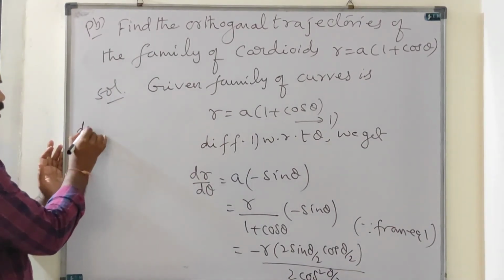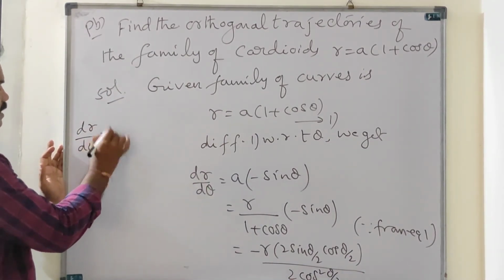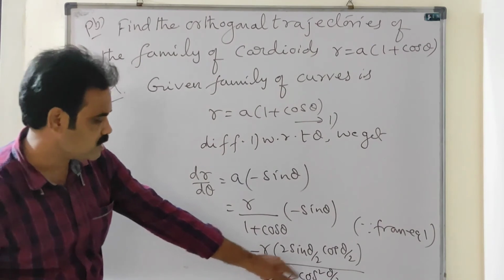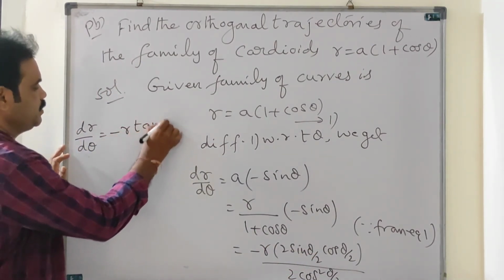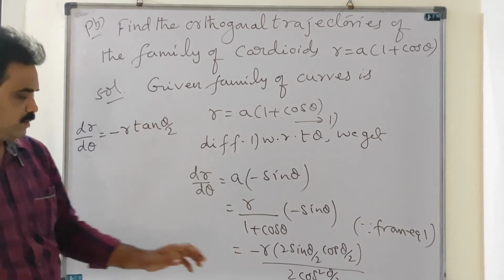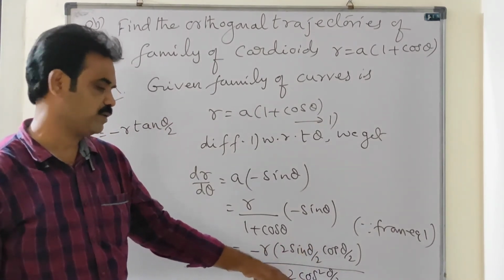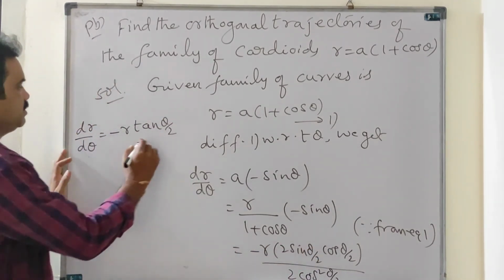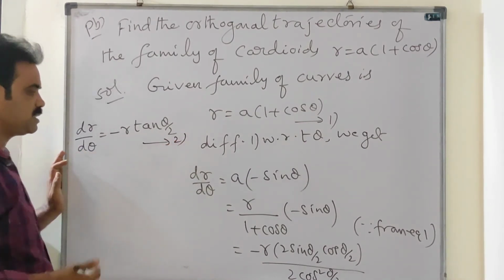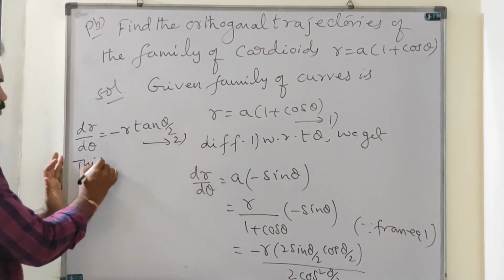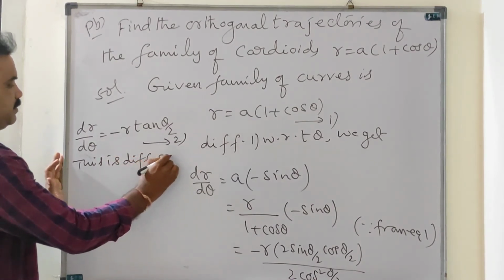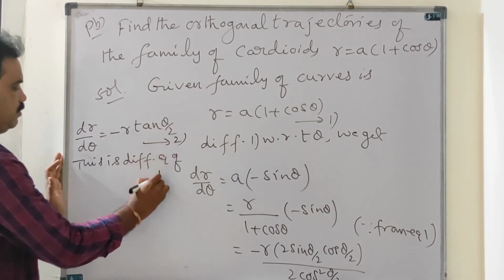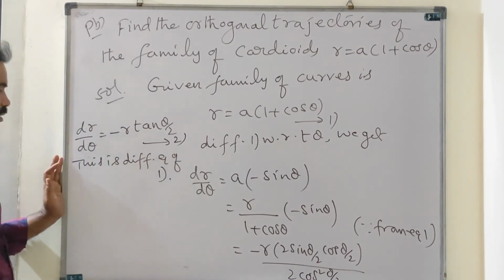That is dr by d theta is equal to, 2 cos theta by 2 cancel, minus r tan theta by 2. Sin by cos is tan. Okay, so let it be equation 2. This is differential equation of given family of curves.